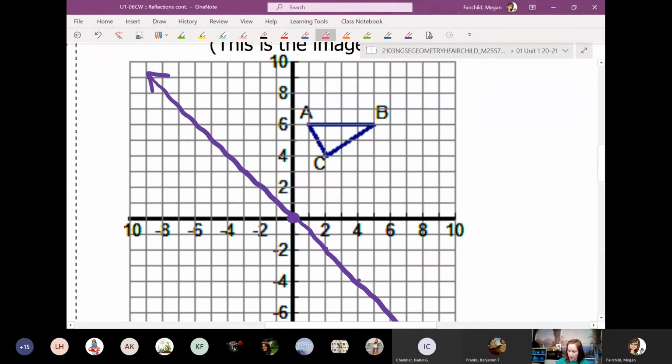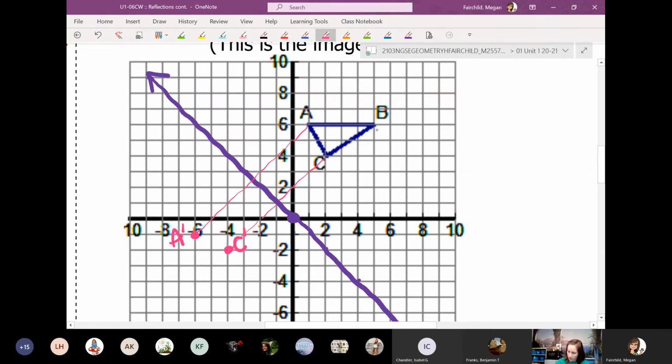Let's just go straight. 1, 2, 3, 3.5 diagonals. The other way to there is going to be A prime. For C, I'm going to count again, 1, 2, 3 diagonals. So it should be 3 diagonals on the other side, and that will give me C prime.